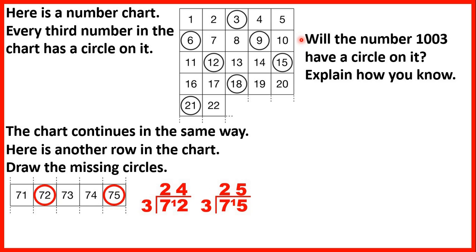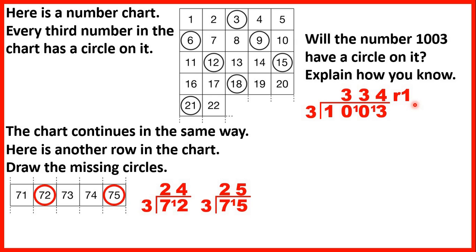Now, will the number 1003 have a circle on it? Explain how you know. Well, to see whether the number 1003 needs to be circled, we need to find out whether it's a multiple of 3. Now, if we divide 1003 by 3, we get 334, remainder 1.